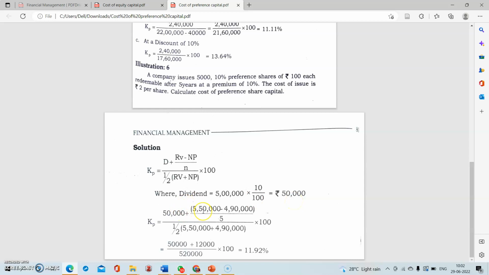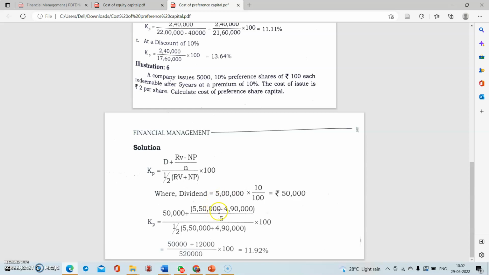Now we are finding out the difference between the redeemable value and the net proceeds. Redeemable value is how much? The face value is 5 lakhs, and 5 lakhs into 10% you will give, no? So 5 lakhs into 110%, or find out 10% separately and add it.